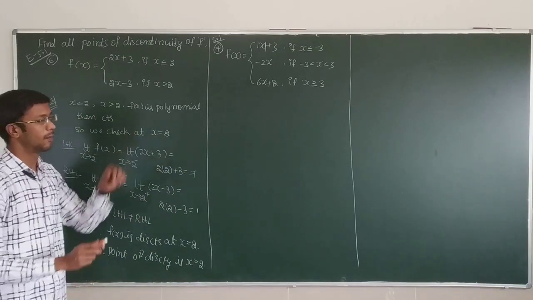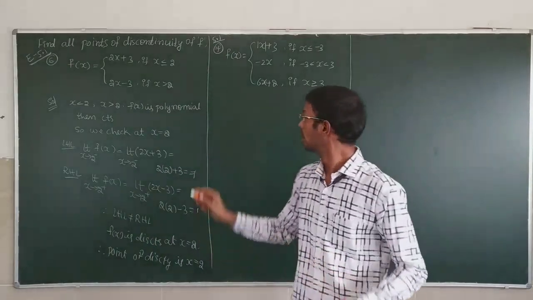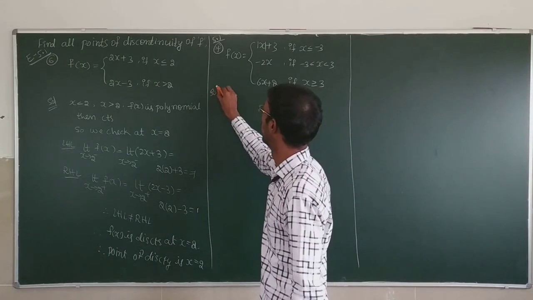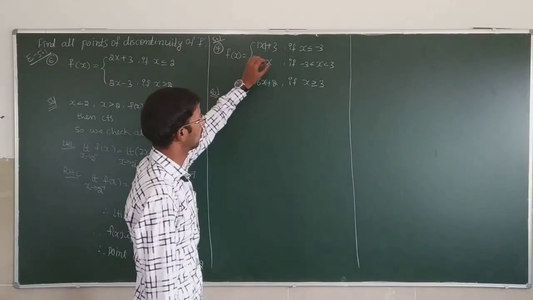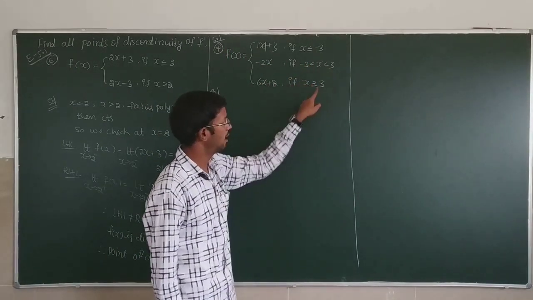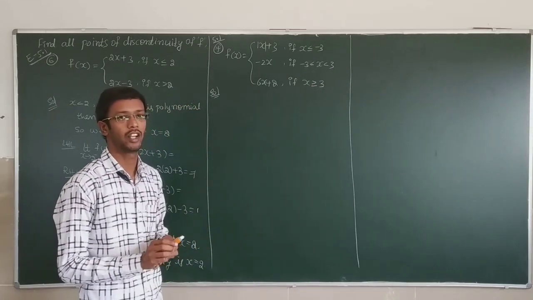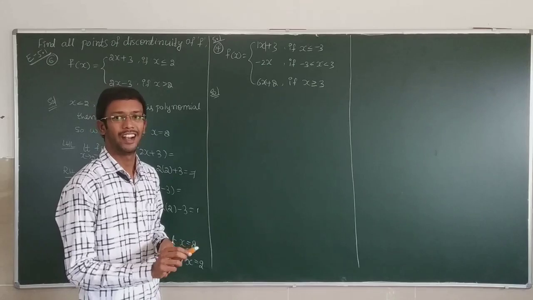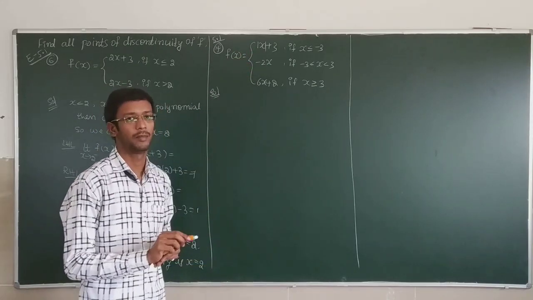Next, problem number 7. Same, discuss the point of discontinuity. Now, we have to take here minus 3 and plus 3. So now we have to check the continuity at x equal to minus 3 and x equal to plus 3. Why? Because at all remaining places it is a polynomial.